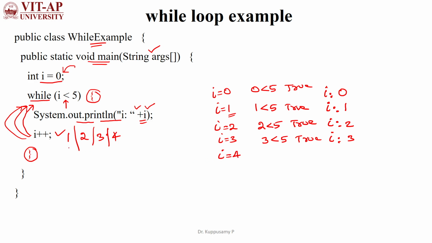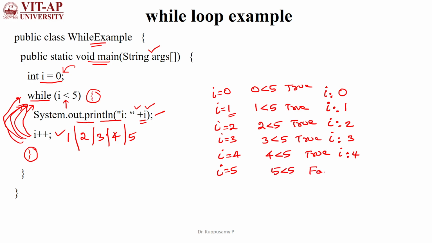Now it is going to print the value based upon the condition checking. The condition is now 4 less than 5, which is true. If it is true, the i value is printed based upon this statement. So i colon 4. Now i is incremented by 1 to 5. Again going back to the checking, i is 5 now. Now the condition checks 5 less than 5.